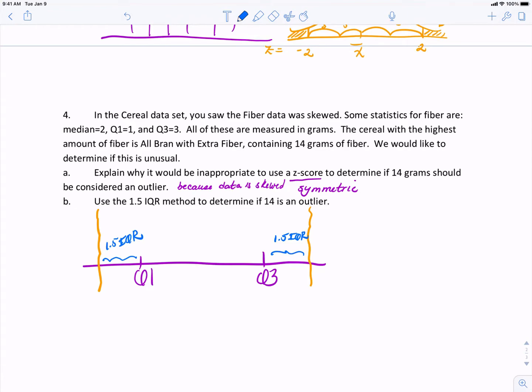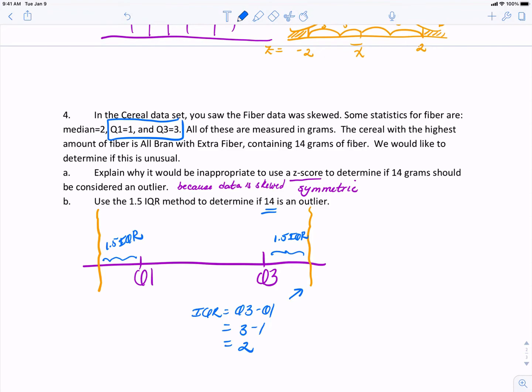And so to determine if 14 is an outlier, we have to find the location of this upper fence. Okay, so first of all, let's find the IQR. The IQR, remember, is Q3 minus Q1. And so given this information, we can see that the IQR would be 3 minus 1, or in other words, 2.